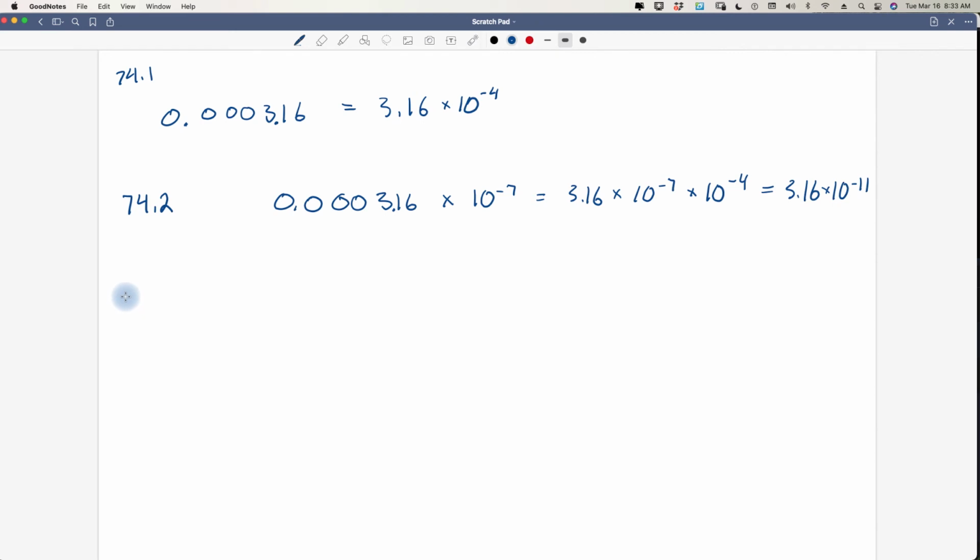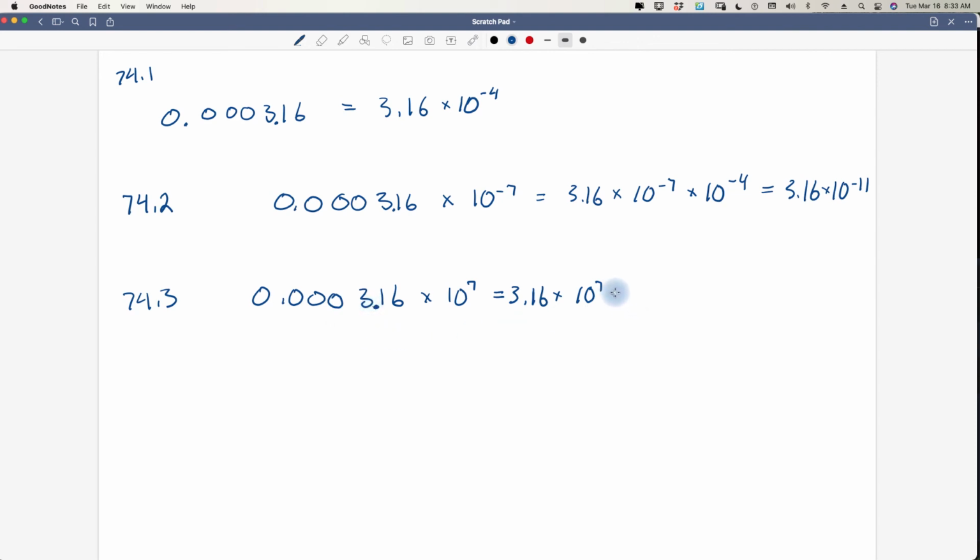It's 74.3. We're going to write this one in scientific notation. Same number. And this is positive 7. So now we need to change it. So this becomes 3.16 times 10 to the positive 7, and 1, 2, 3, 4.